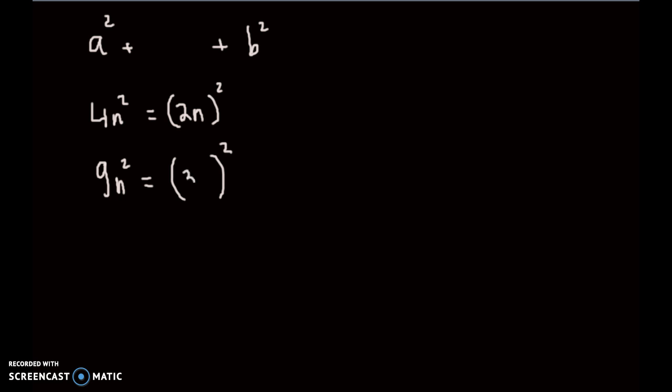What it means is, remember that in the last example we have 4n squared, and it has to be rewritten as a full square, 2n squared. Same with 9, so you have to rewrite this as something squared, and 9 we know is 3 squared.